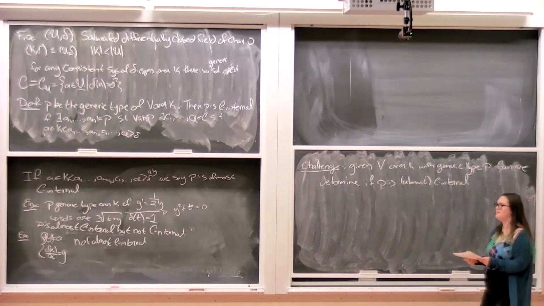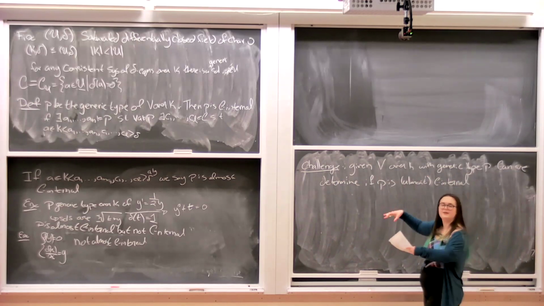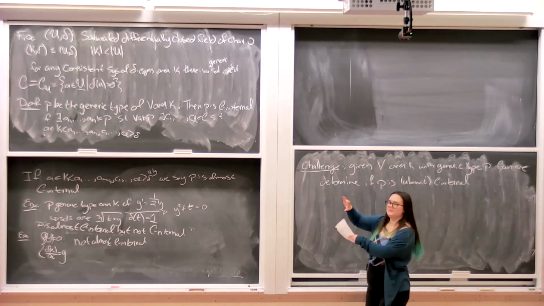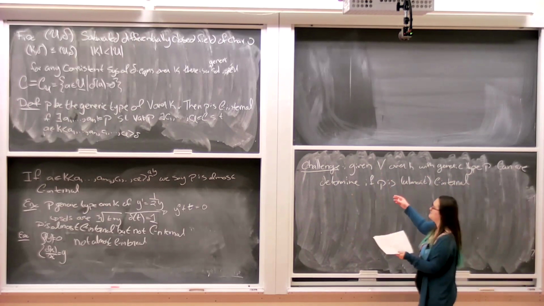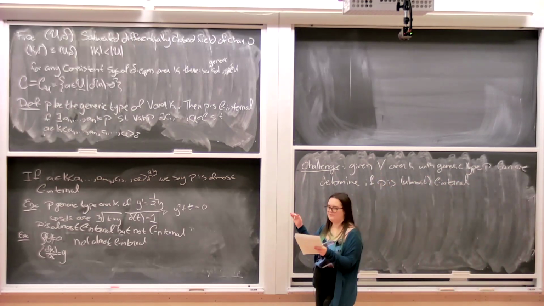So the goal would be to develop an algebraic criterion for this outright. So this is obviously still a work in progress, but we can always look at specific subsets of our equation.